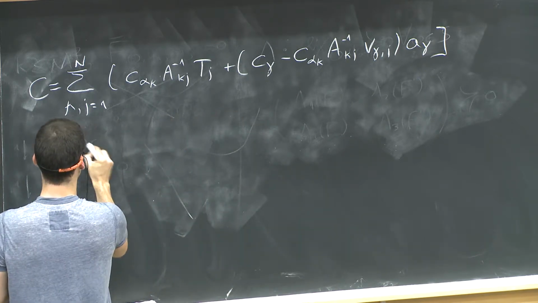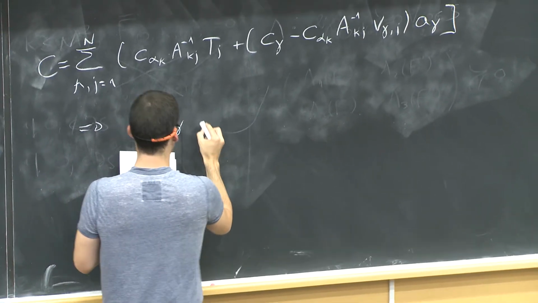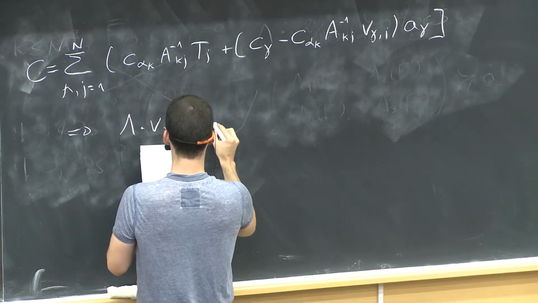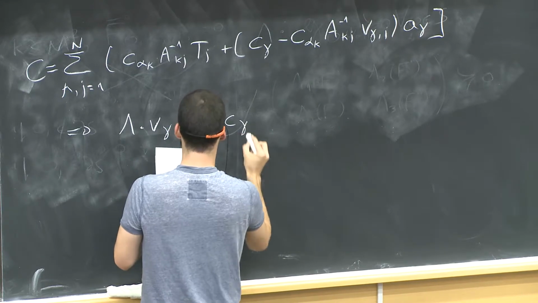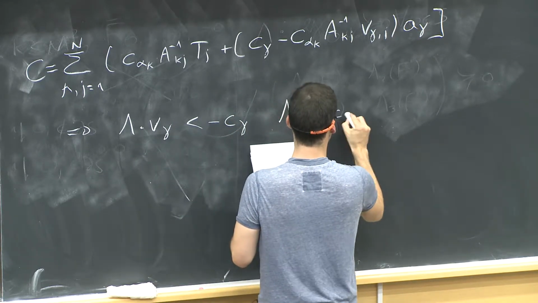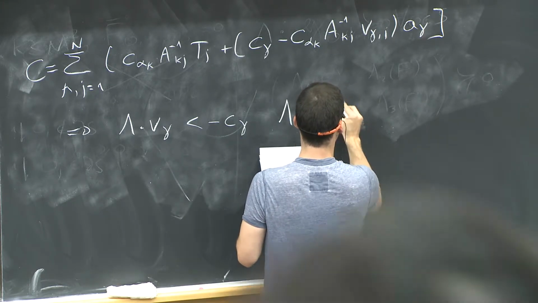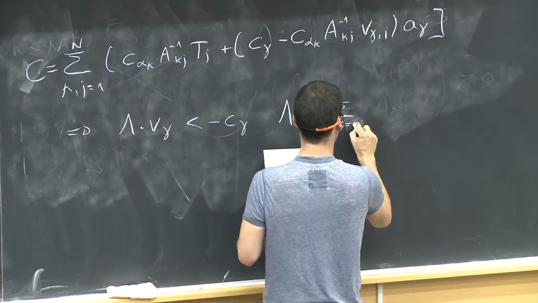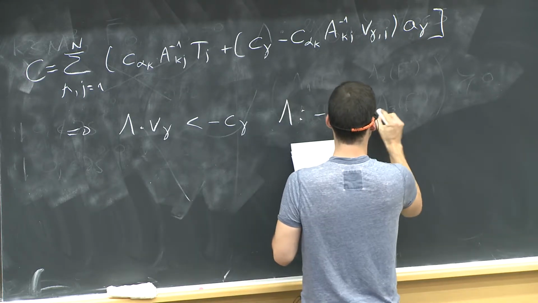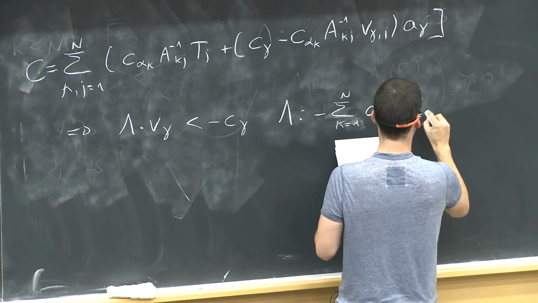So the constraint is lambda dot V gamma should be smaller than minus C gamma, where lambda by definition is minus C alpha k minus sum k 1 over n C alpha k A minus 1 kj.